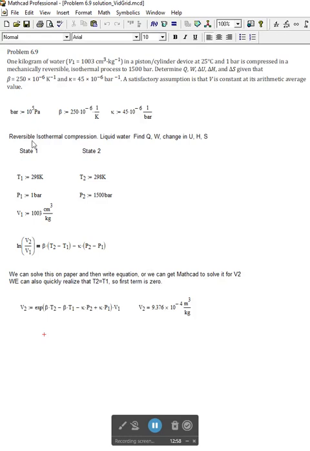Now, notice that V1 was given in centimeters cubed per kilogram. All right, V2, when MathCAD does its calculations, it puts everything into pretty much base SI units. And sometimes it's fine, sometimes it's kind of a pain, or it's just not quite as convenient. And so I want to keep everything in centimeters cubed per kilogram.